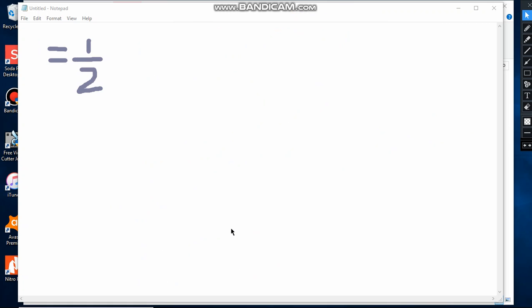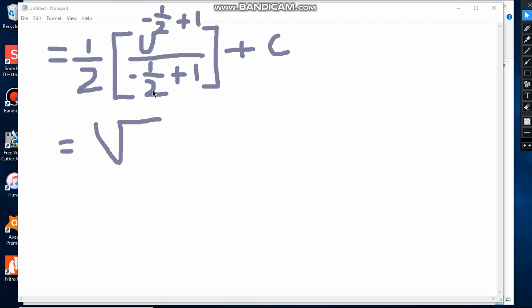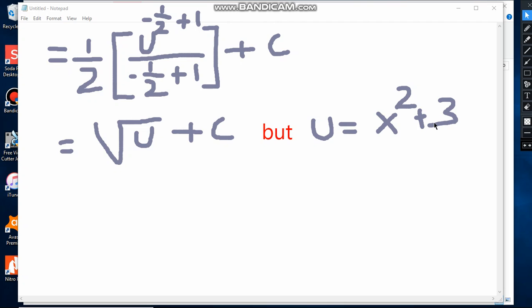is equal to a half times the integral of u to the negative half plus 1, divided by negative a half plus 1, plus constant c. The half and the half cancel, and we remain with the square root of u plus constant, but u is equal to x squared plus 3.